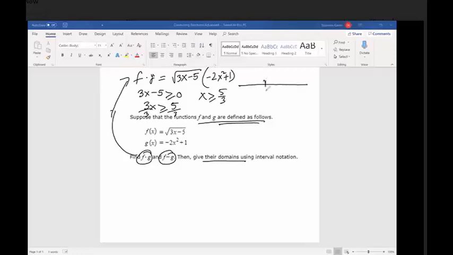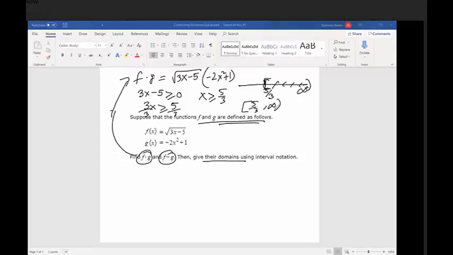Now if this is 5/3, it can be equal to, therefore this will be a bracket, and it's bigger than, so we are talking about the right side up to infinity. So the answer for the domain for f times g is 5/3 comma infinity.